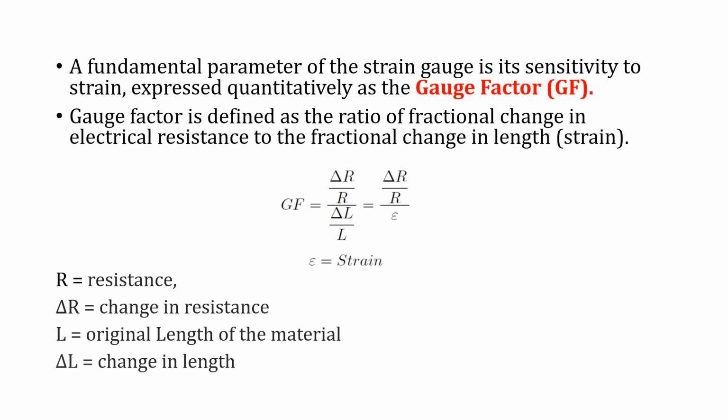R is the resistance, del R is the change in resistance, L is the original length of the material, and del L is the change in length. So we can measure the gauge factor of materials which produce any strain.